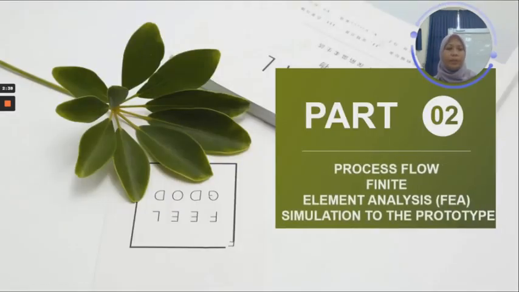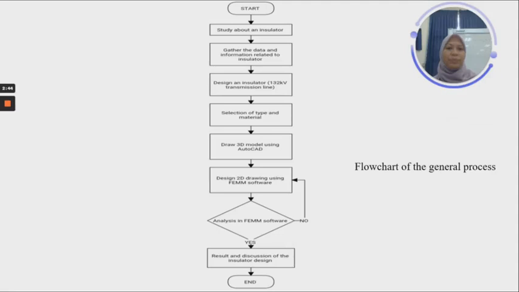Next, part 2, process flow of FEA simulation to the prototype. This is the flowchart of the general process, which shows designing an insulator for the project.